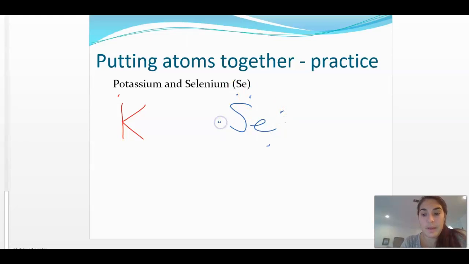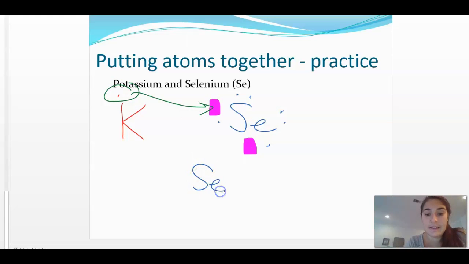So here is our selenium. And we can see now that we have this unpaired space here and here, where the potassium has 1 to give. So that's pretty straightforward to see. Se, 1, 2, 3, 4, 5, 6. 1 potassium can come in right there.